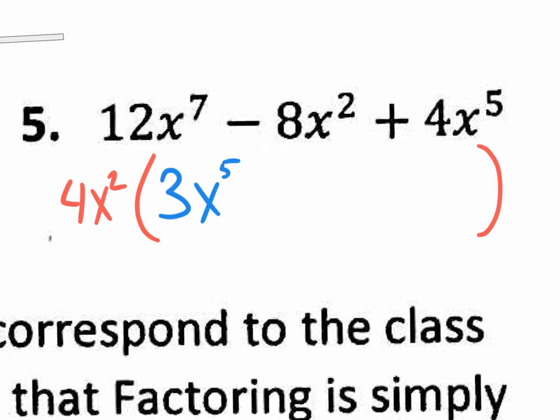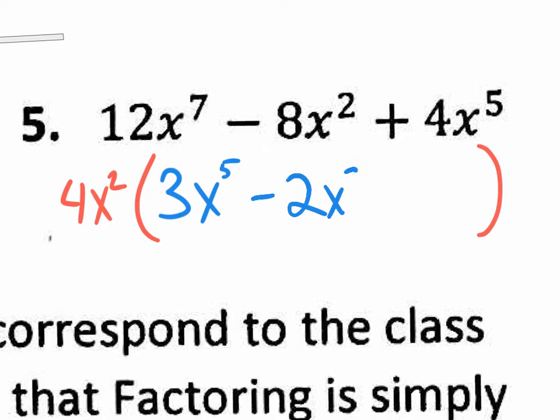Because when you multiply the exponents, they get added, right? Now, if I take 4x squared and multiply it by what in the middle will give me this middle term? Right there, let's think about this one more time. 4x squared times what? 4 times what gives you a negative 8? 4 times negative 2 gives you a negative 8.